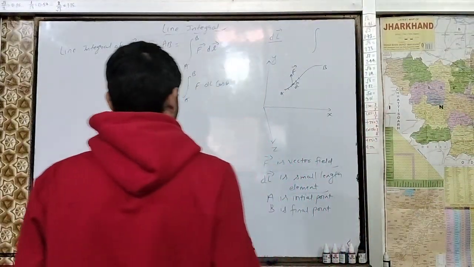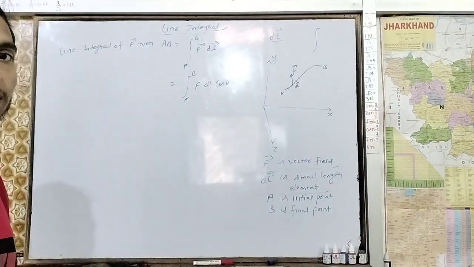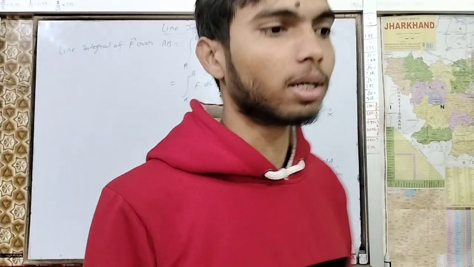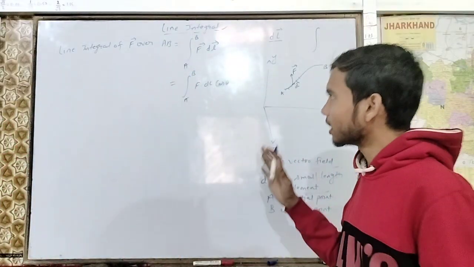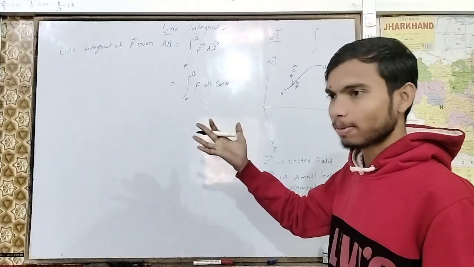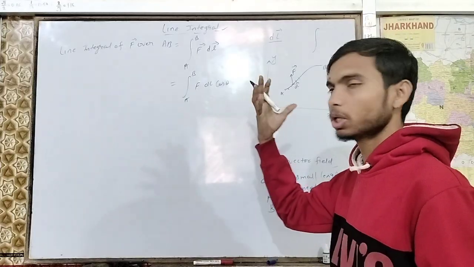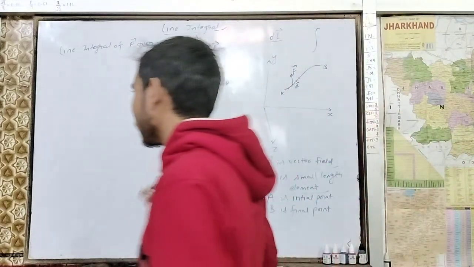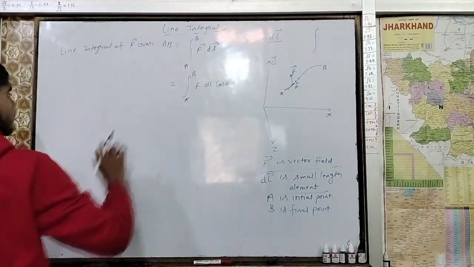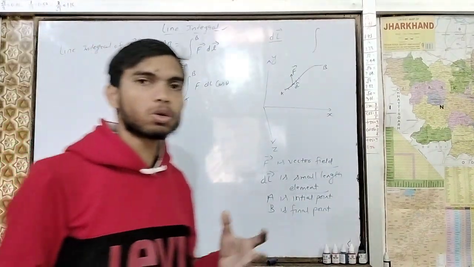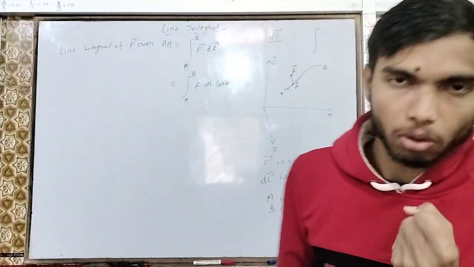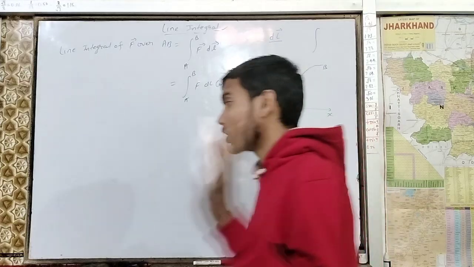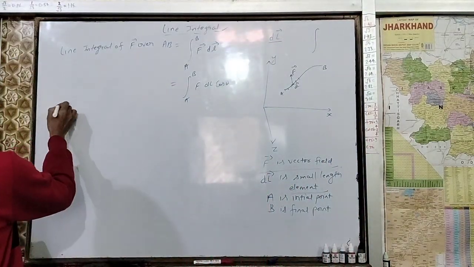Now we are in the discussion of vectors. The chapter name is vector, so it is also compulsory to see this in vector form. How to convert it into vector form? This is very simple. Just write all components of the vector field, and then all components of the small element.